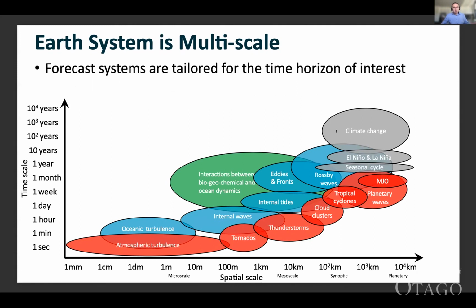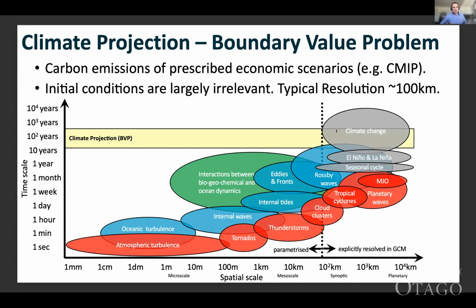One other important point to note is that the type of simulation you run is really dictated by the forecast window you're interested in, or the time scale you're interested in. So at one end of the spectrum, we've got climate projections. Those of you that might be familiar with the term CMIP, Coupled Model Intercomparison Project, this is really the workhorse.